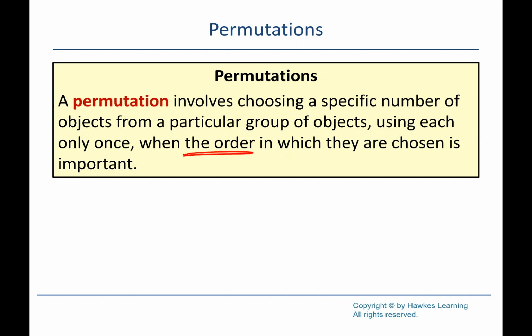The order is important. We're not going to have a lot of these because it can get a little tricky being confident whether or not the order matters. So we've got a couple in the assignment, but they're pretty clear on whether or not the order matters.